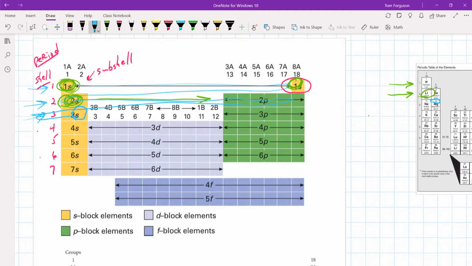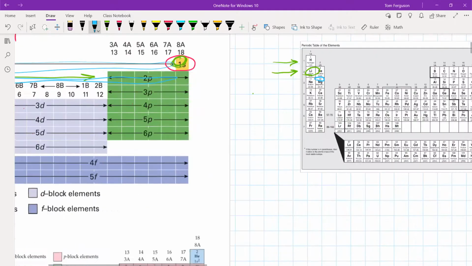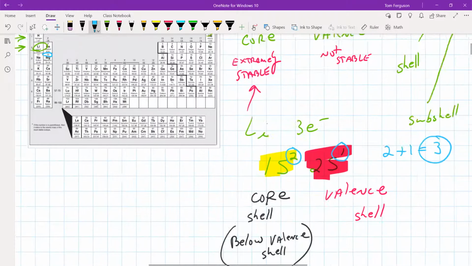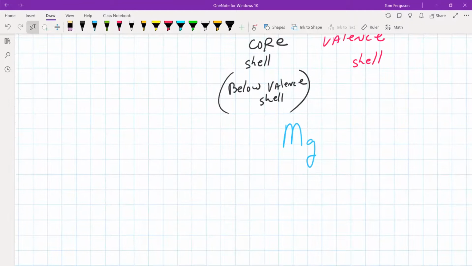To do that, we have to go through 1s, then we go through 2s and 2p, and then we finally get to magnesium at 3s.